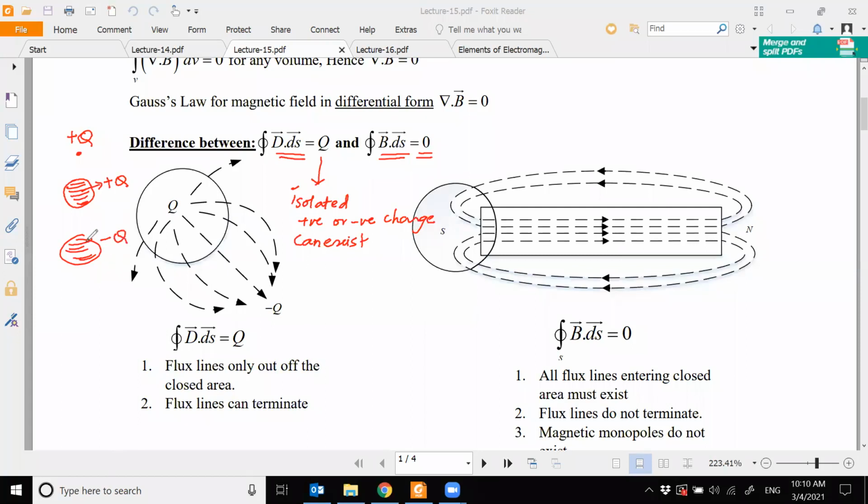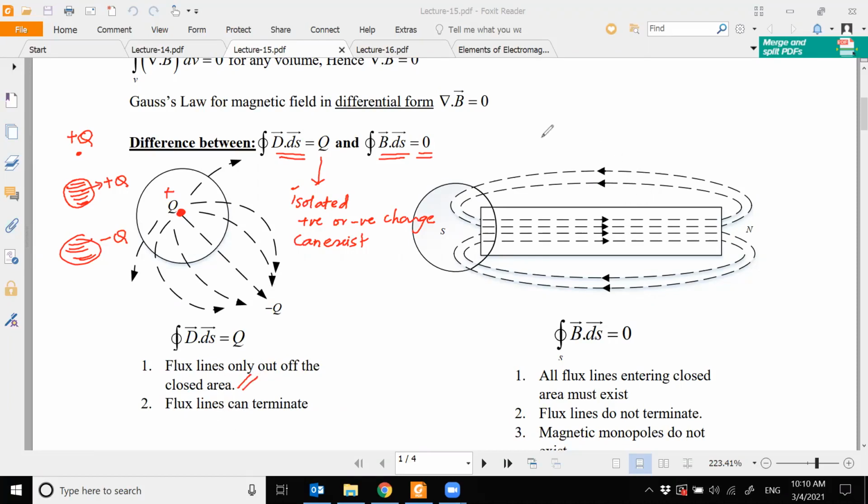So I can have an isolated positive charge and an isolated negative charge. For example, if I have an isolated positive charge here and I enclose it in a closed surface, you will always see that for the positive charge, the flux lines go out of this closed surface.